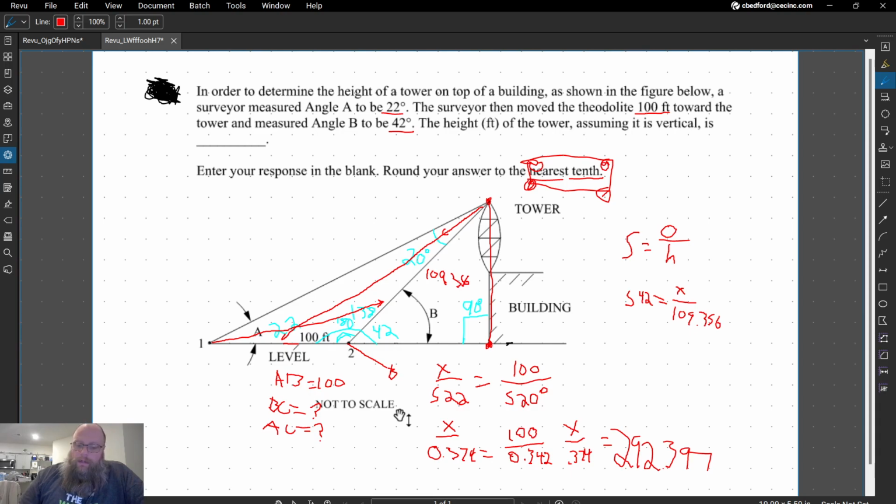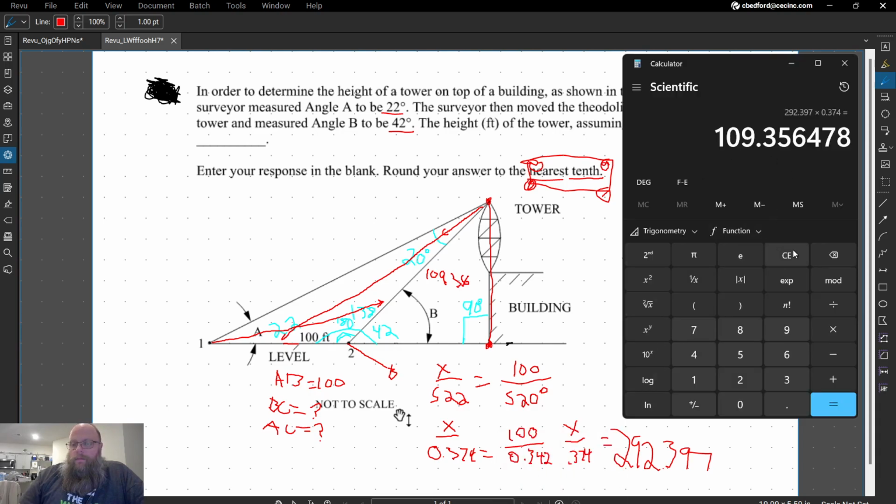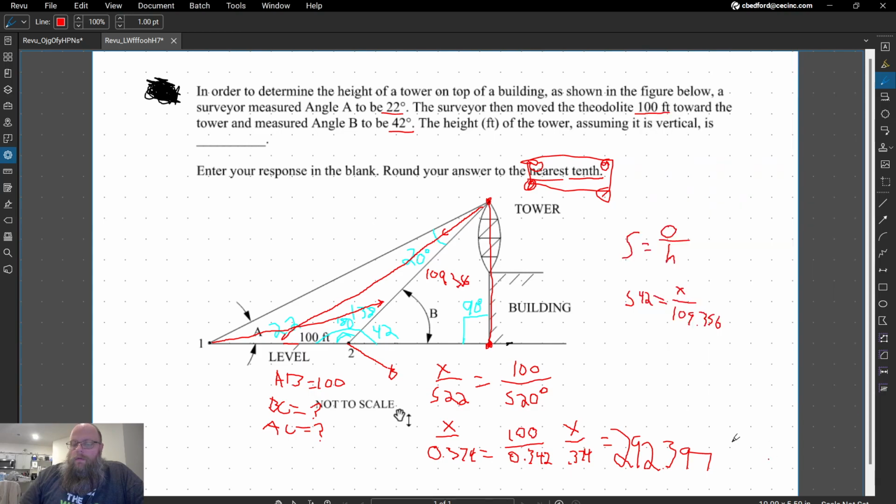All right, let's get the sine of 42 real fast. 0.669. So it's actually going to be equal to 0.669.